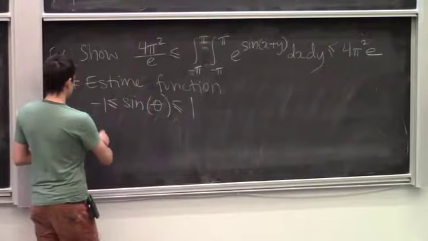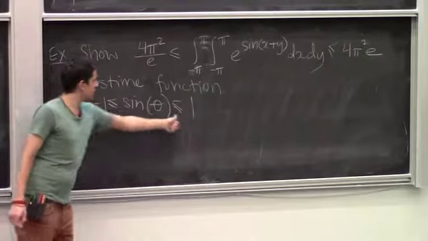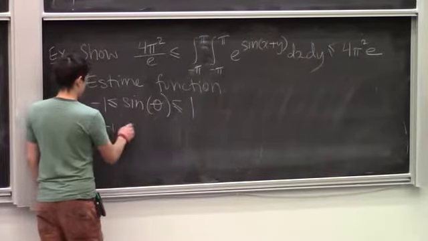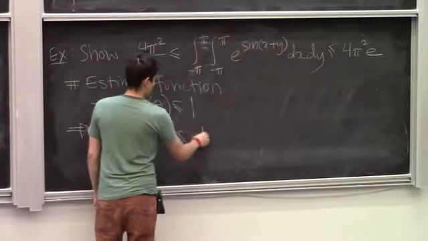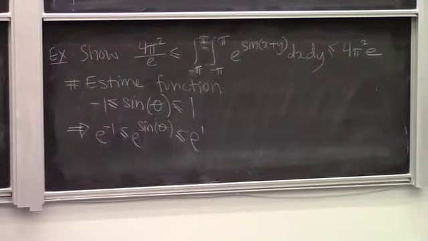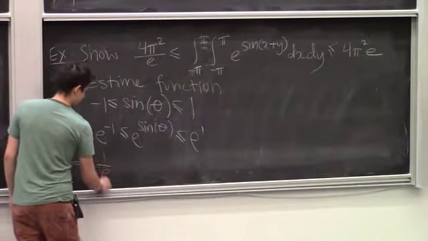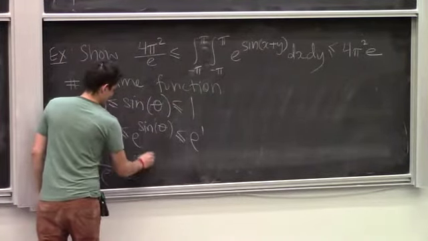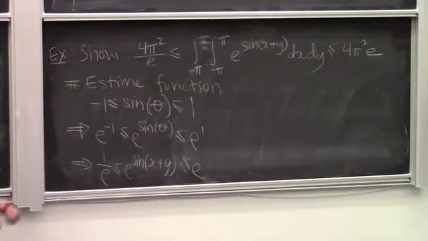So what that'll tell me is that if I take exponentials of all this stuff, I get that e to the sine theta is always going to be sandwiched between e to the -1 and e. Okay, so my values will always be sandwiched between those two.